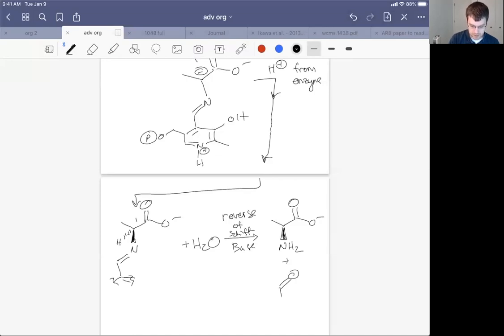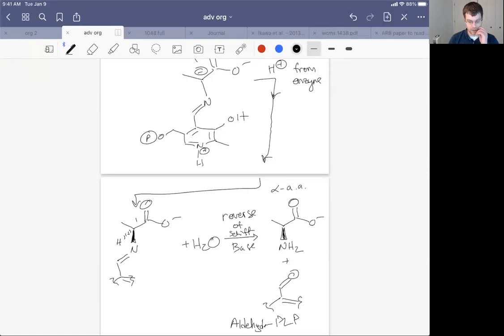Now, it turns out that this is actually PLP. The aldehyde version is PLP. So this is now PLP as the aldehyde. But now we have an alpha amino acid.